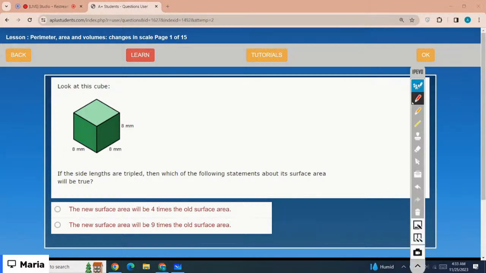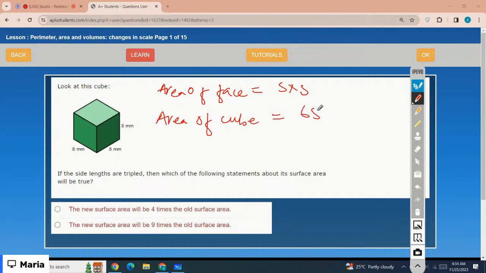The surface area of the cube is 6 times the area of one face. The area of one face is side times side, right? So the area of the cube is 6 times s squared, right?